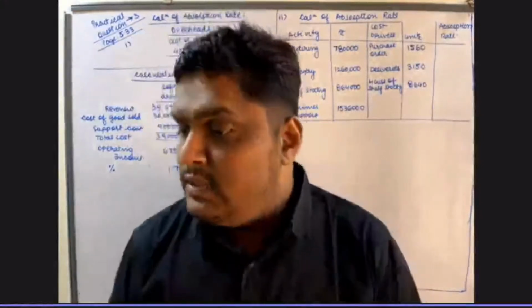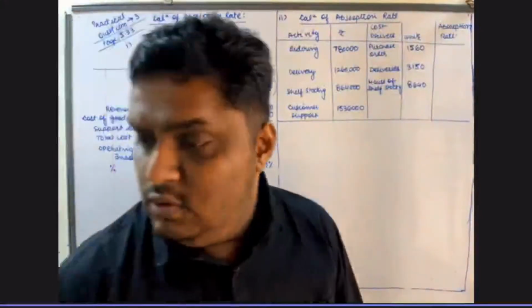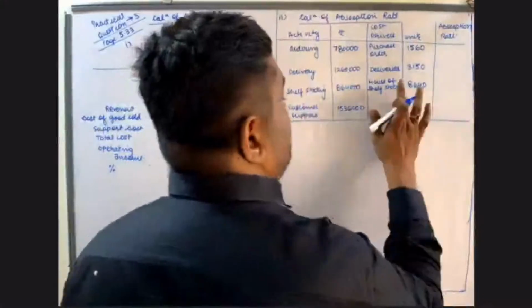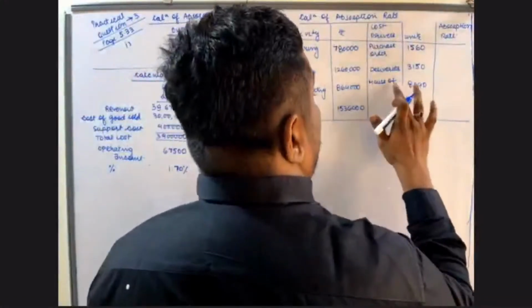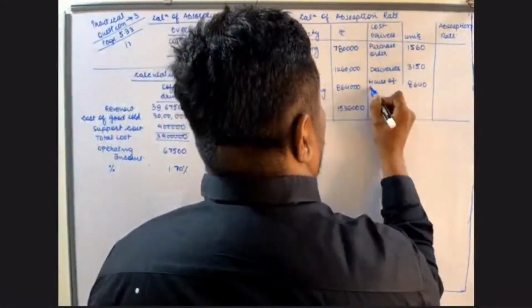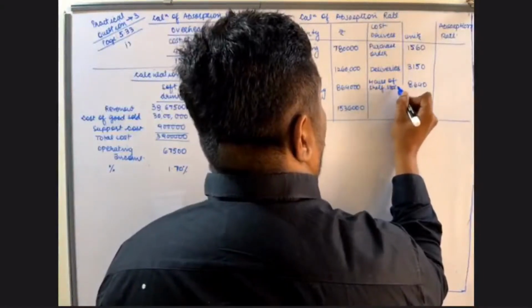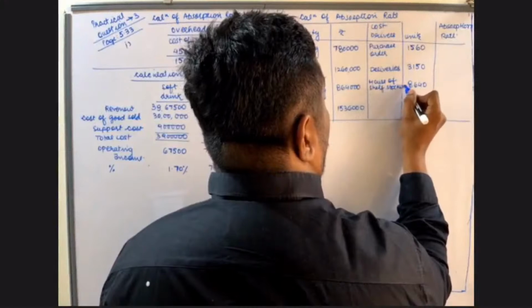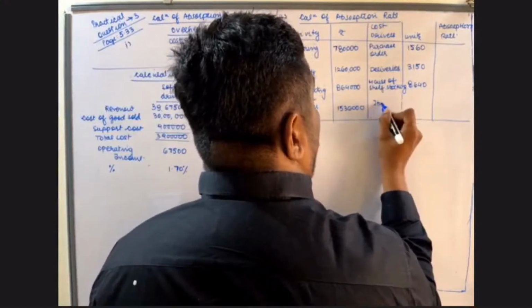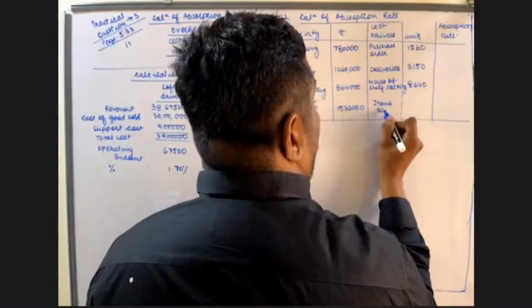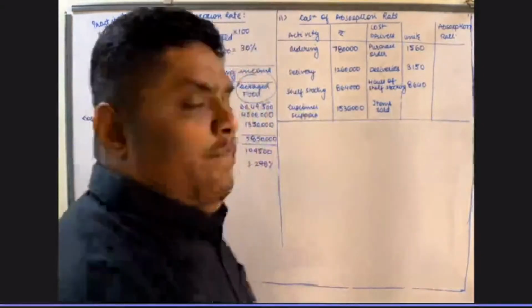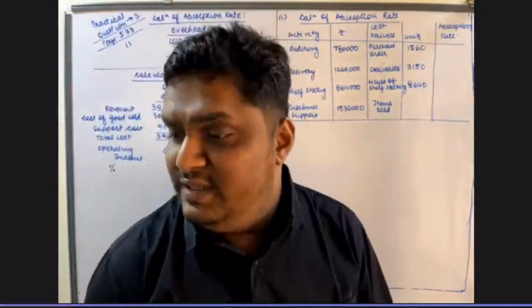For customer support, the cost driver is items sold, and the total number of units sold is 15,36,000.